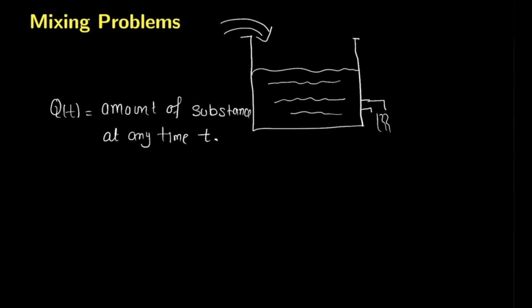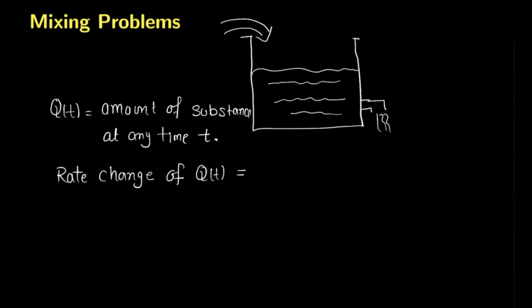in the solution. So as you can see, some solution is entering, some solution is exiting. It means there is a rate of change of Q of t. This Q of t is going to change with respect to time as the solution is entering and the solution is getting out.